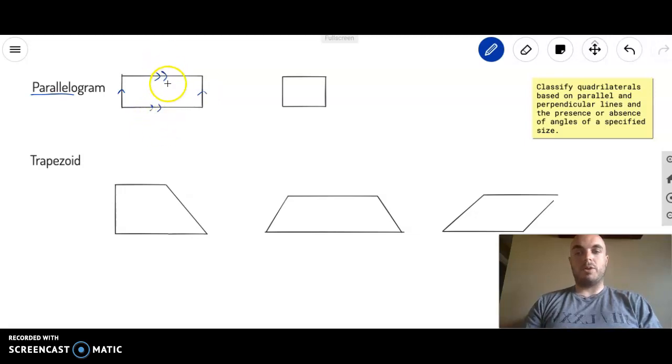That shows that these two are parallel with each other, and then these left and right ones are parallel with each other as well. Same thing here with my square. So this one and this one are both parallel, and then this one and this one are parallel. And it's really simple with a parallelogram.